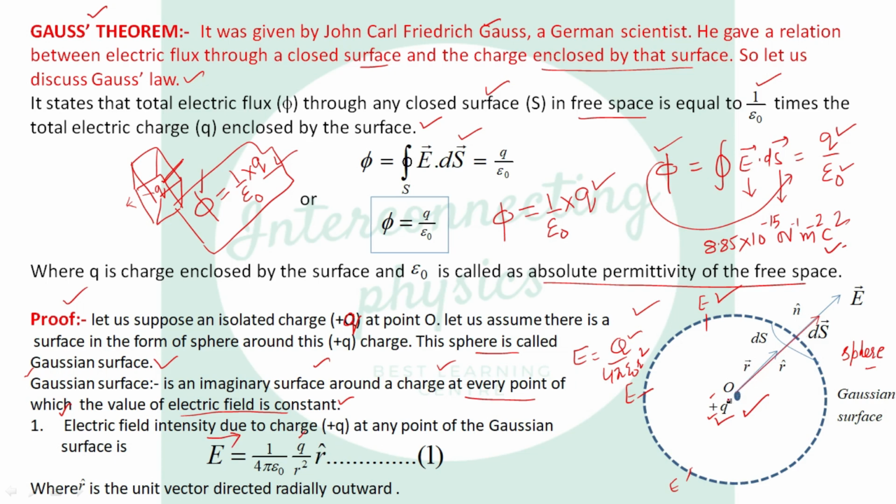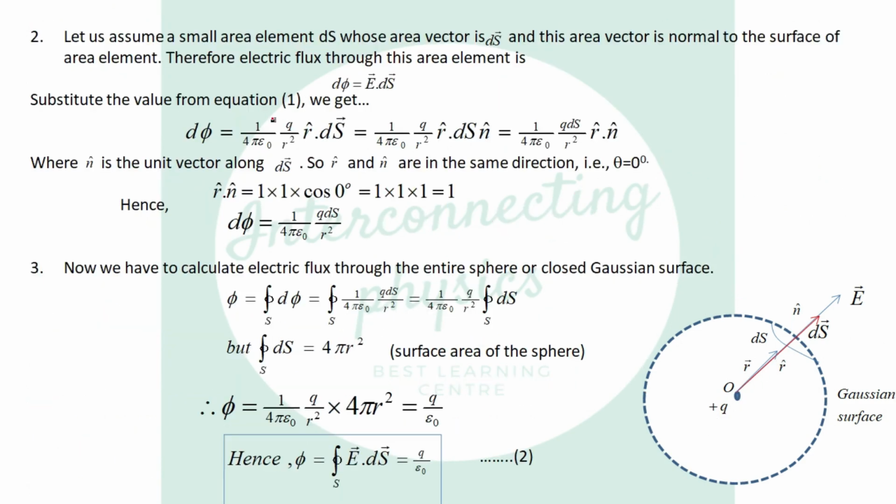Why radially outward? Because the charge is positive and the electric field of a plus charge is always radially outward. Now next step, let us assume a small area element ds here, whose area vector is ds vector.